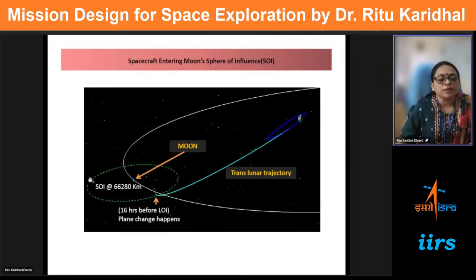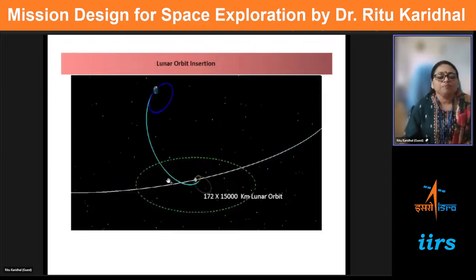It means there is a distance of around 66,000 kilometers, where if we reach very near to the moon, the prominent gravitational pull will be by the moon and not by the Earth, because as distance increases, the gravity of Earth is reduced, but as we go near the moon, the gravity from the moon is increasing. So once we reach this sphere of influence, we have to get captured. See, what is more important is, let me see in this, yeah.